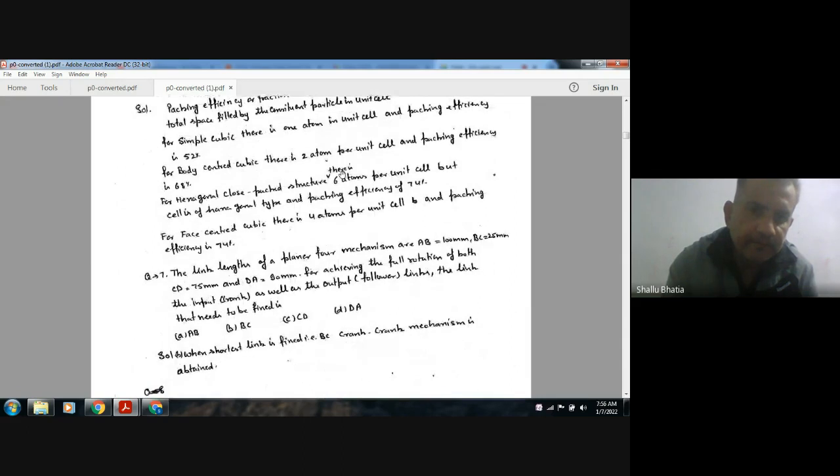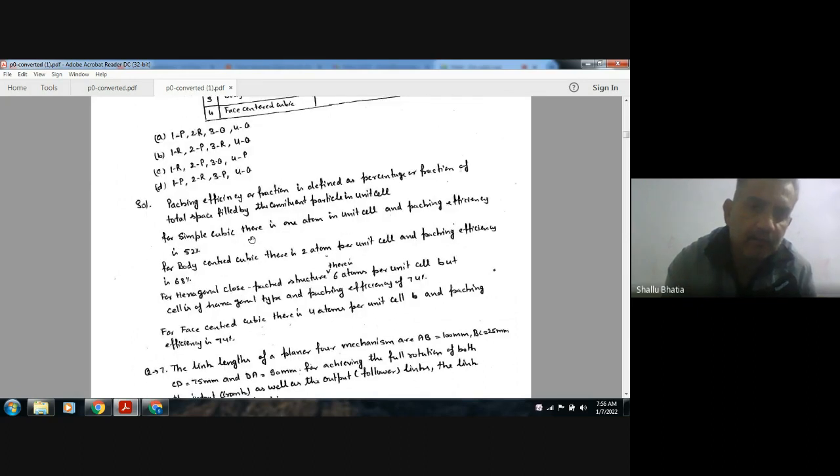Okay, next, for the face centered cubic structure there are 4 atoms per unit cell, so the packing factor is 74%. The dimensions of the unit cell for face centered cubic, hexagonal close packed, body centered cubic and simple cubic are different and depend on the radii of the atom.